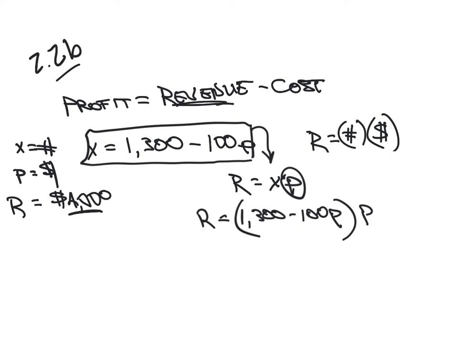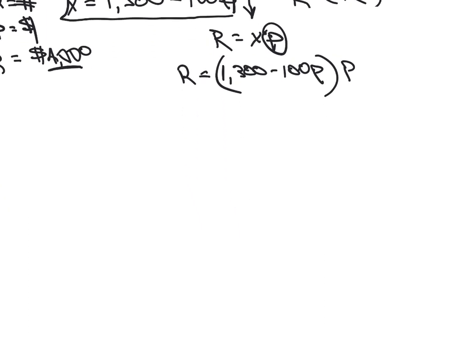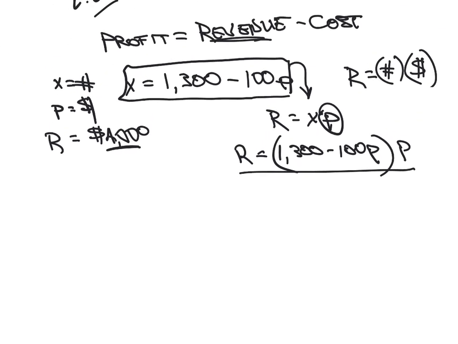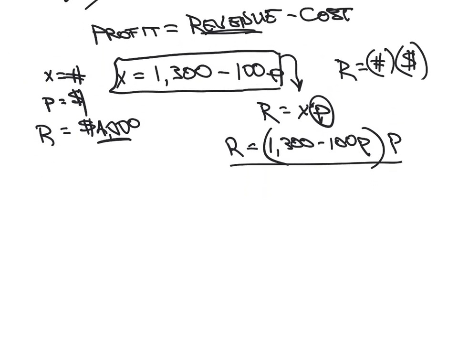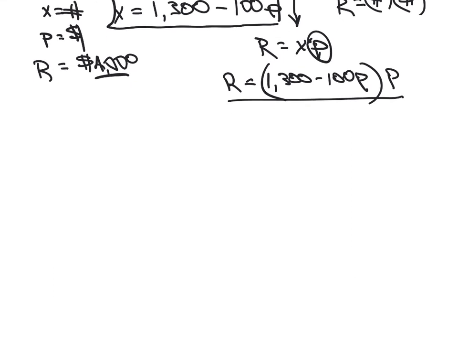So let's go ahead and see where we can go with this. I'm going to move this up here except for that equation that we have here. So what do we want to do? We want to find out P, how much profit we have when R is 4,000.